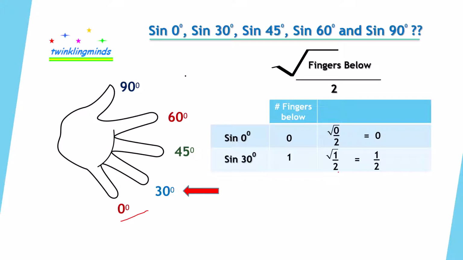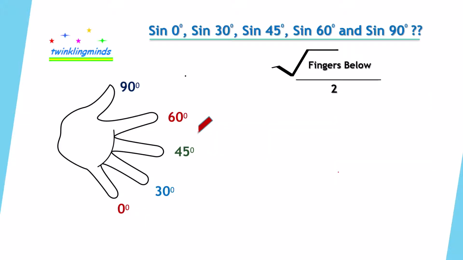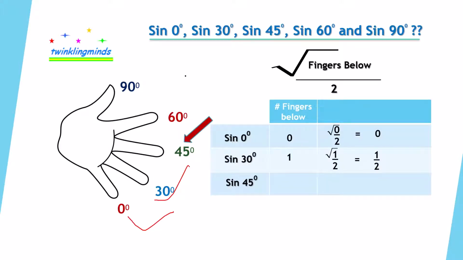Now, let us find the value of sine 45 degrees. How many fingers are there below 45 degrees? 1 and 2. So the value of sine 45 degrees is square root of 2 divided by 2, which is nothing but 1 by square root 2.